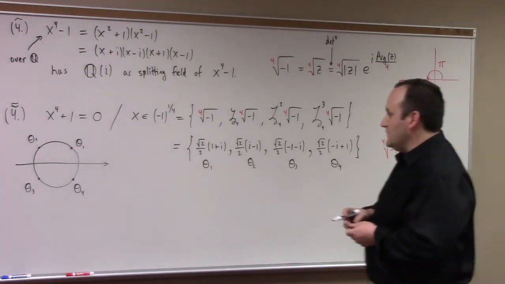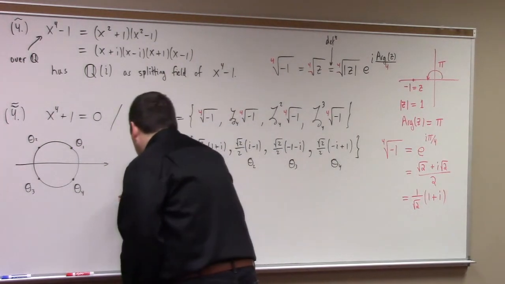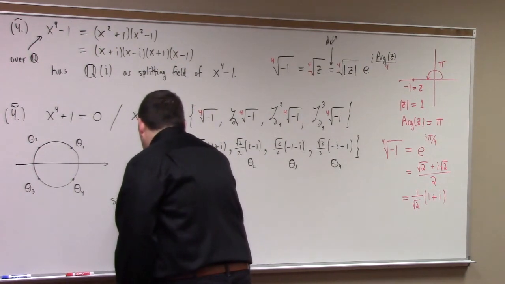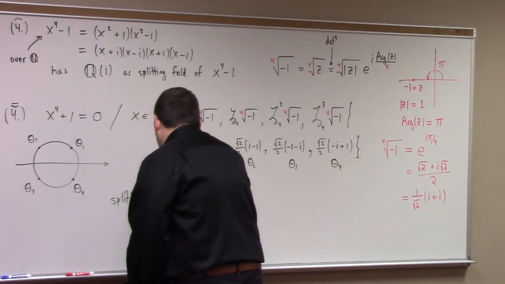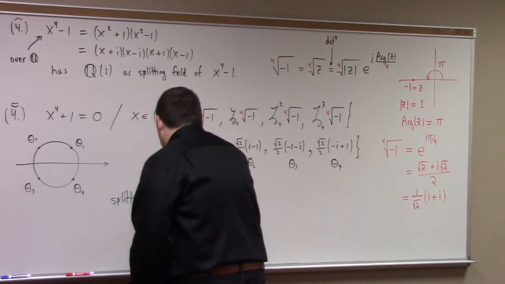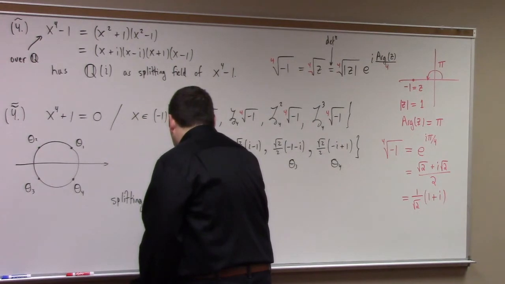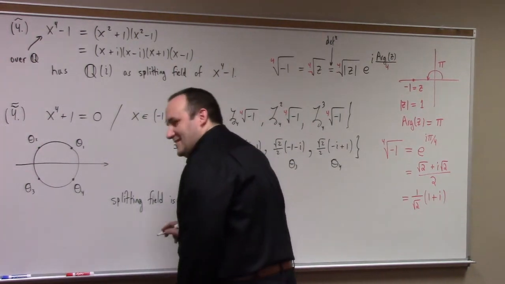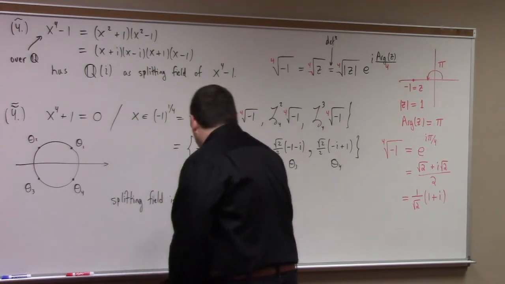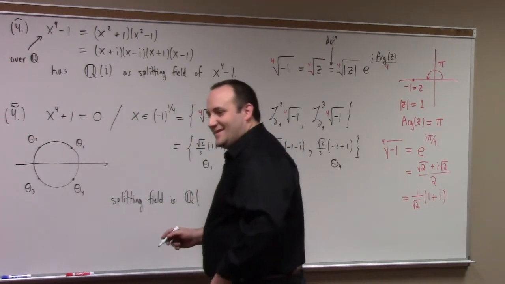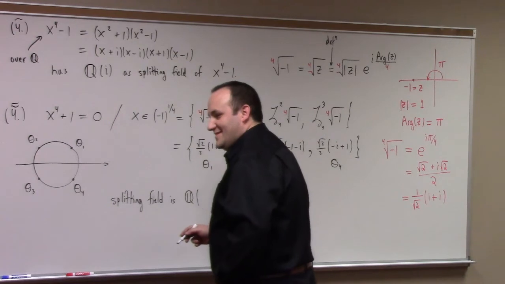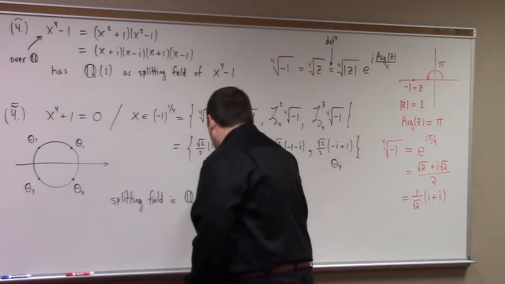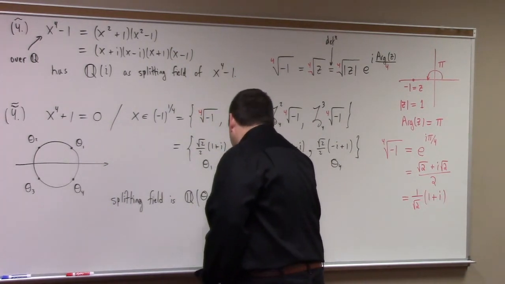And the splitting field, what is it? What's the most lazy description of the splitting field? Lazy, as in minimally descriptive. That's good. But I was going to say theta 1, theta 2, theta 3.